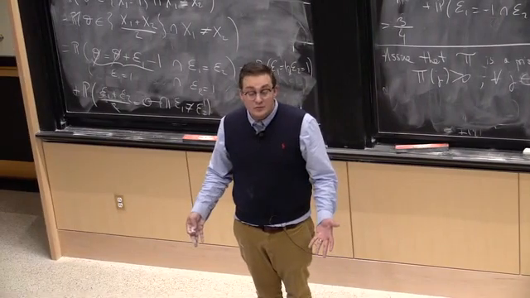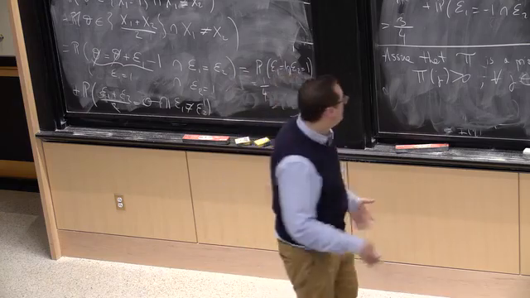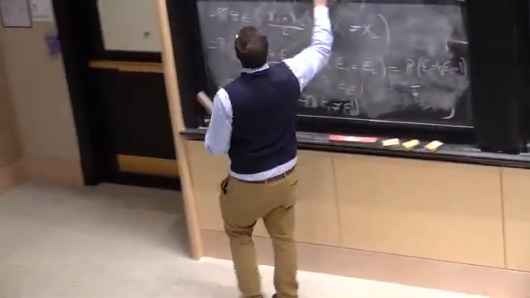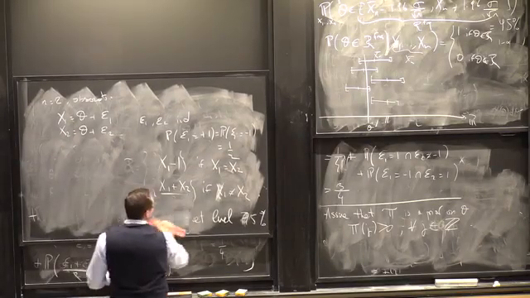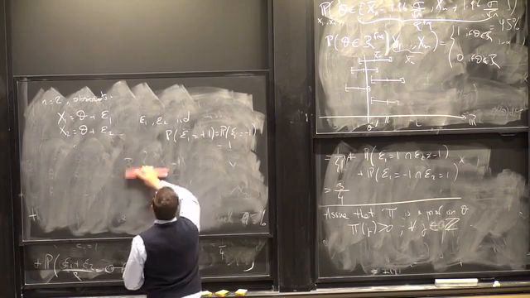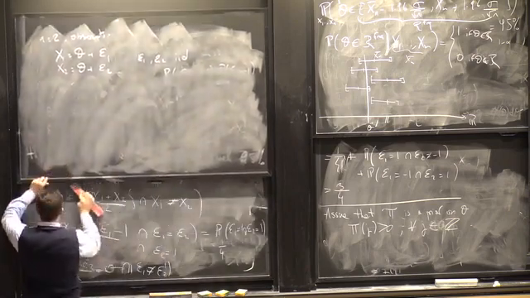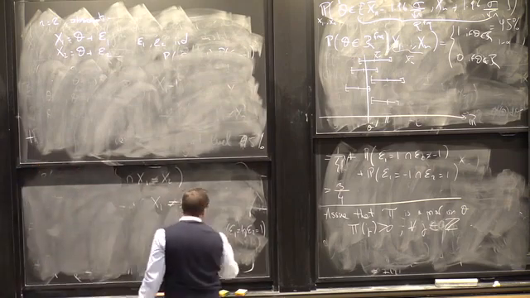And now let's build our Bayesian confidence region. Well, if I want to build a Bayesian confidence region, I need to understand what my posterior is going to be. And if I want to understand what my posterior is going to be, I actually need to build a likelihood, right? So we know that the posterior is the product of the likelihood and of the prior divided by the normalizing constant.